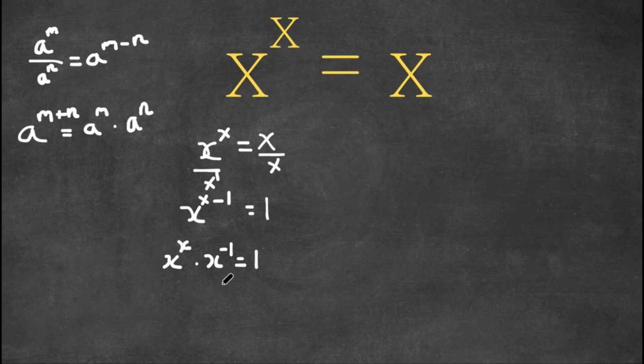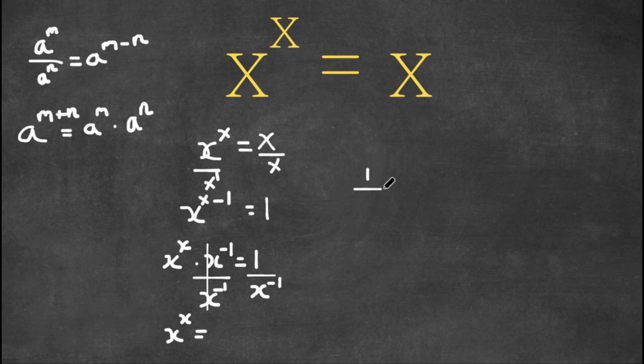So now, if I divide both sides by x to the power of negative 1, these two would cancel out, so I would get x to the power of x is equal to 1 over x to the power of negative 1.